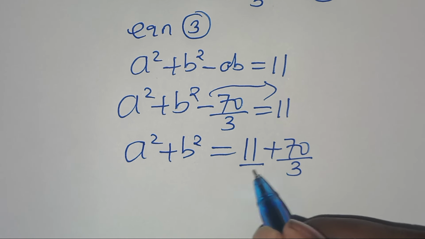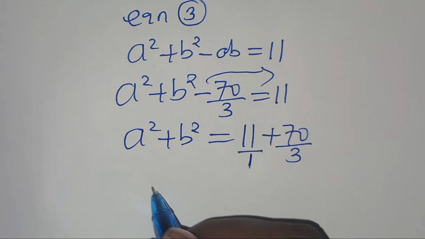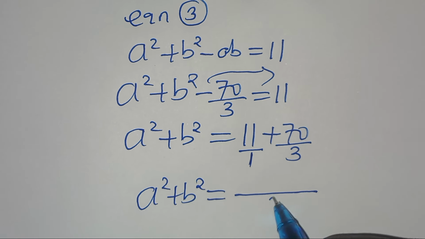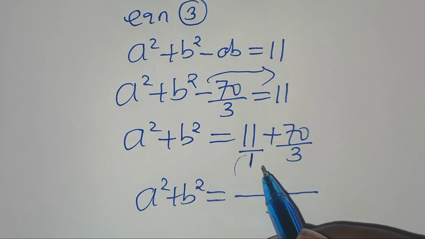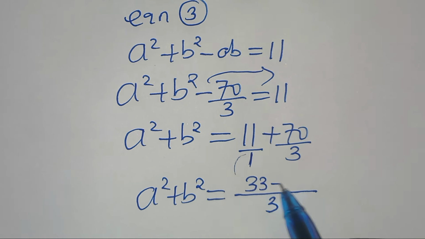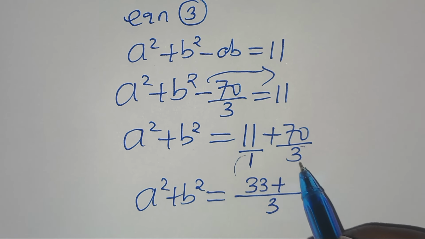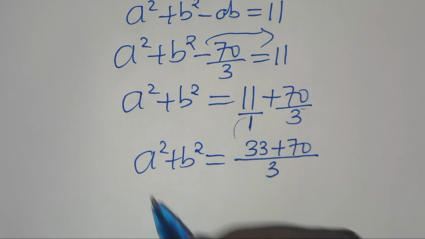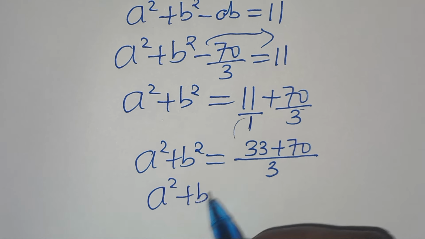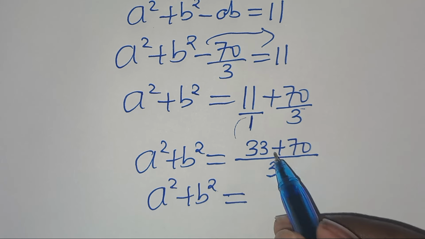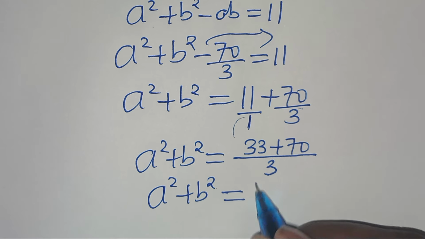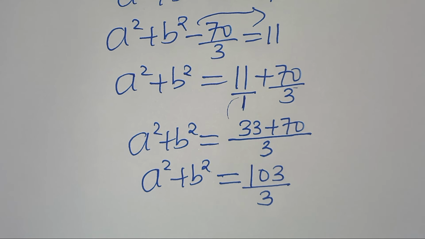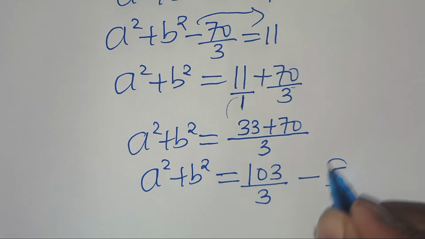So 11 is a whole number, so this is over 1. Now we have the LCM as 3. 3 divided by 1 is 3, 3 times 11 is 33. Plus 3 divided by 3 is 1 times 70, so we have 70. Now a squared plus b squared is equal to 33 plus 70, and this is equal to 103 over 3. So let's call this equation 5.